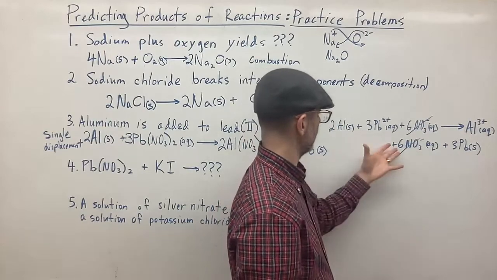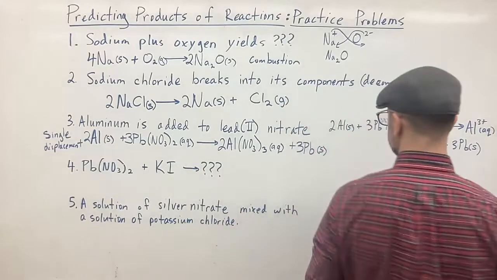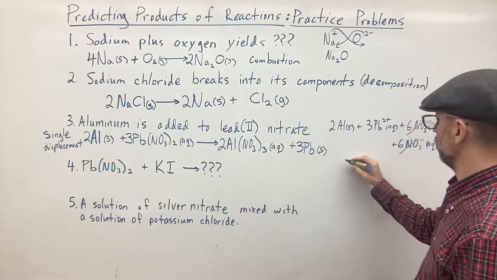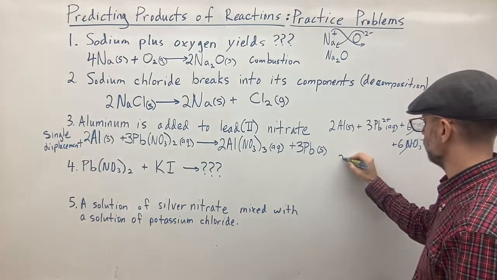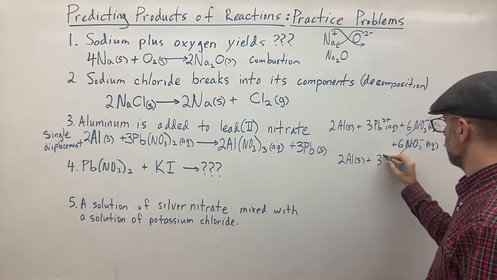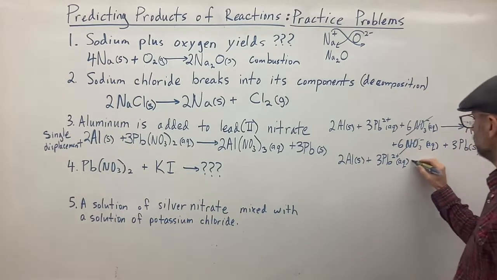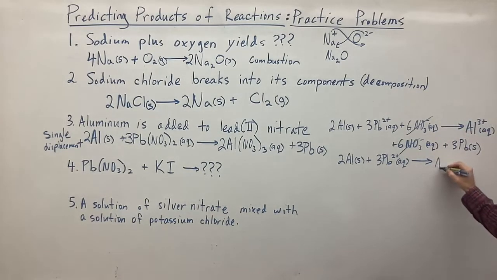And so what that leaves us with is our final equation, which is called the net ionic equation. So the net ionic equation, the final one, is going to be whatever's left over. So 2Al solid plus 3 Pb 2 plus aqueous goes to aluminum 3 plus aqueous plus 3 Pb solid.